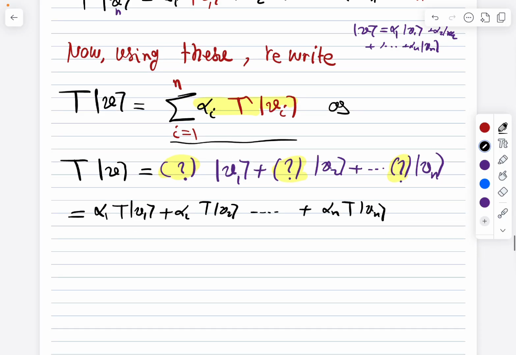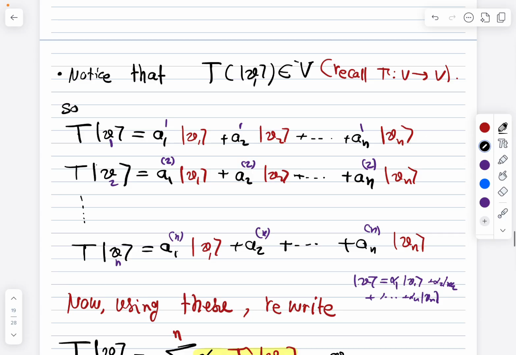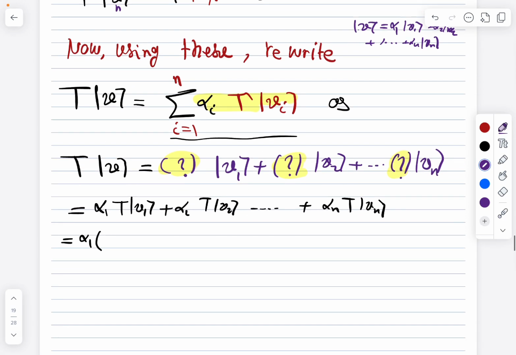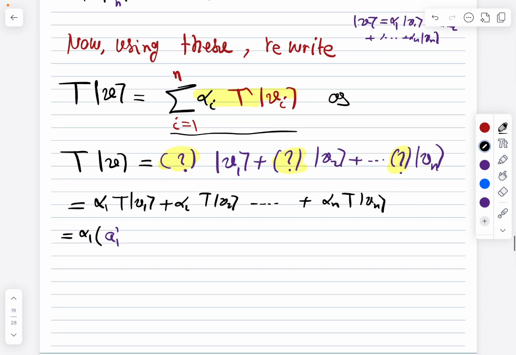So far nothing is new. Now here's the new thing. I will just substitute the value of T of v1 by this expression. So it is equal to alpha 1 times a1 1 v1 plus a2 1, the second component of the first vector, v2, until we reach an1 vn.